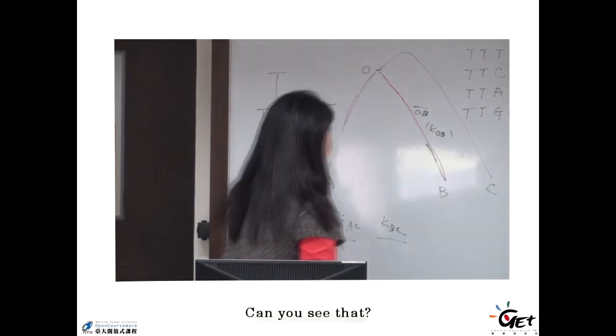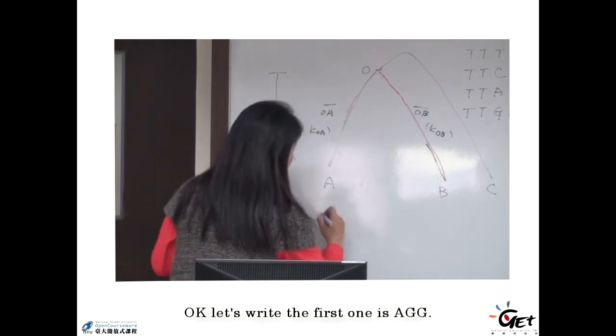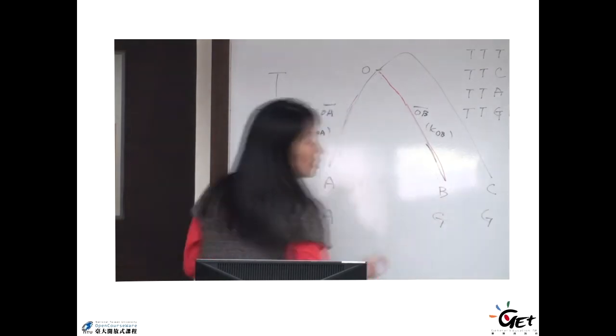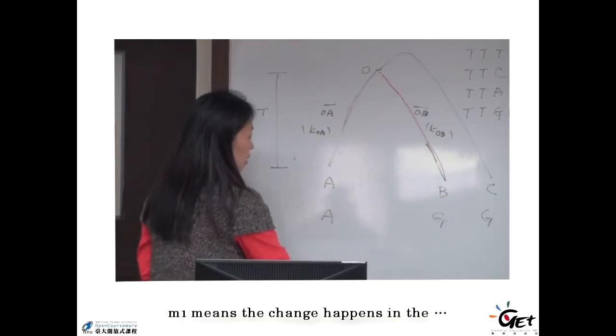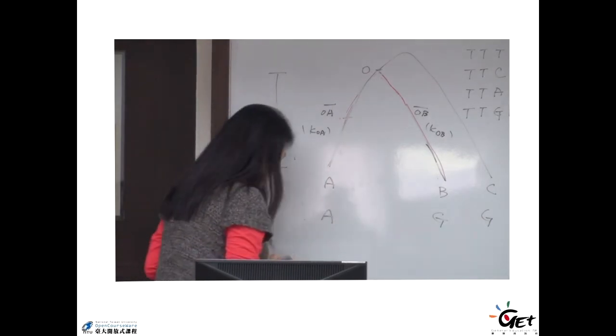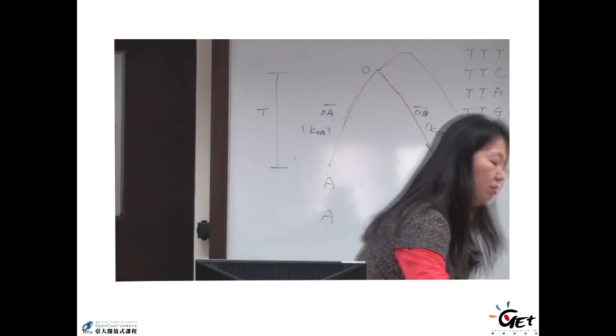That's M1. So M1 means the mutation happened at lineage 1, right? Can you see that? So if you write, okay, let's write the first one. It's A, G, and G. M1 means the change happened at position 1.